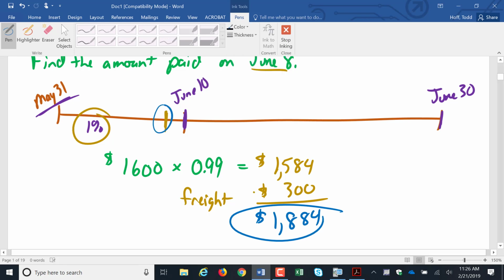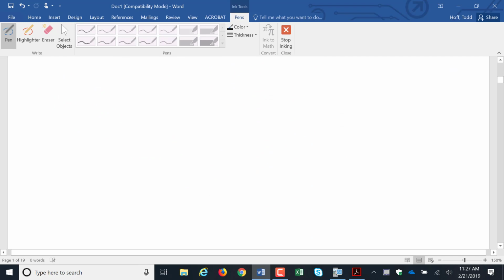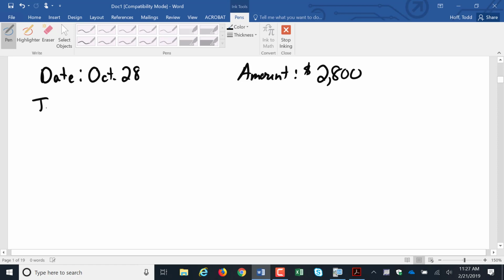Now this can be quite confusing if we hit that 26th, that cutoff, and get put into the next month. Let's say that we have an invoice that is dated October 28th with an amount of, let's go $2,800. Terms, let's go 2/10 EOM.